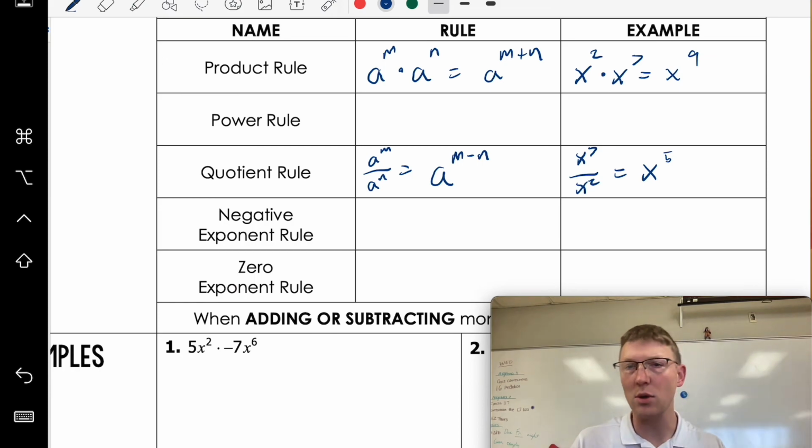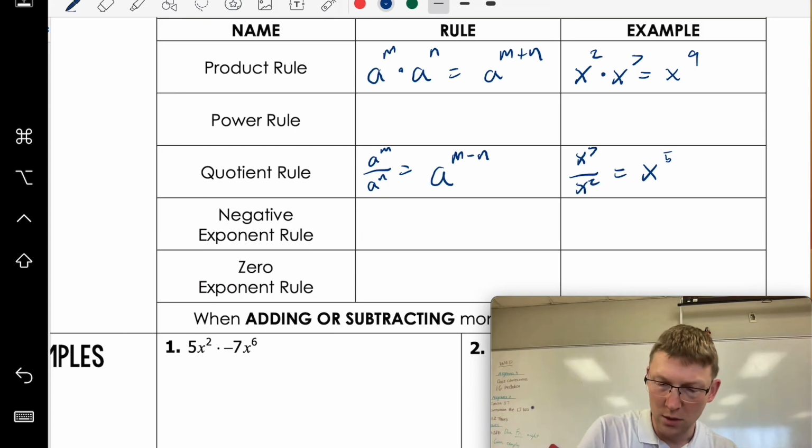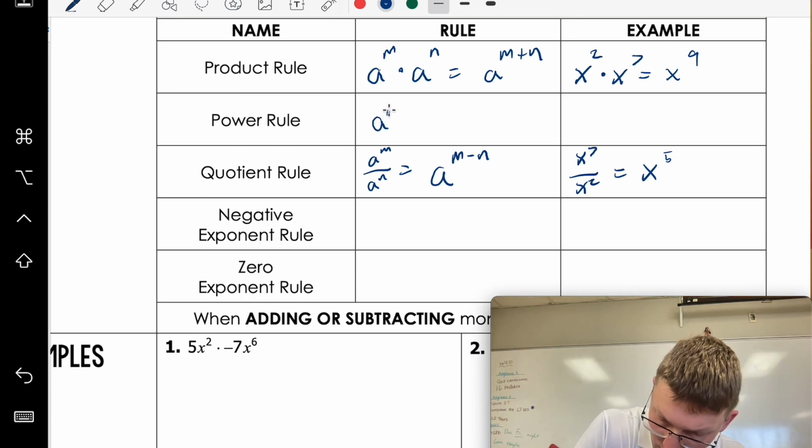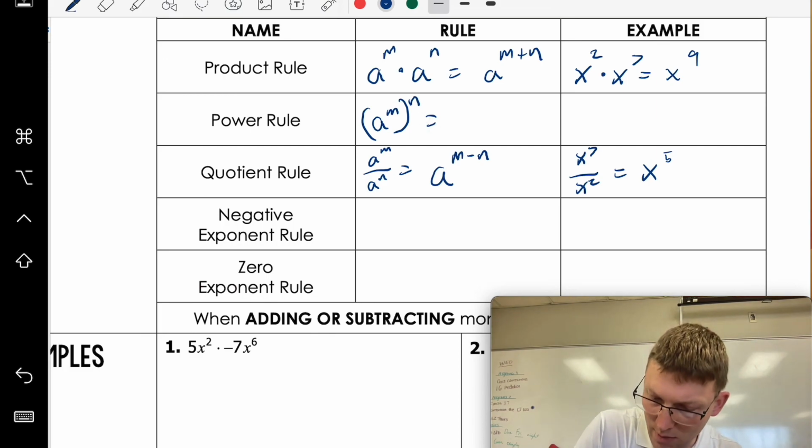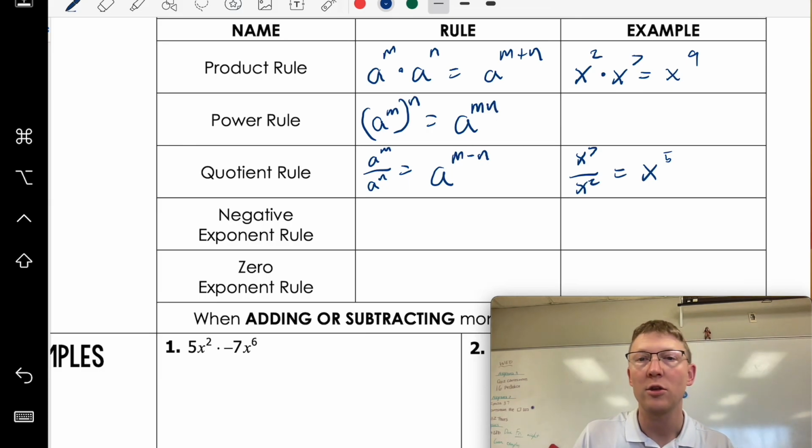Okay, so now we're going to go back to the one we skipped, because we can't leave that one behind. The power rule. What that one means is if we have a^m and the whole thing is raised to a new power n, that is the same as a^(mn). So the m and the n are multiplied together.